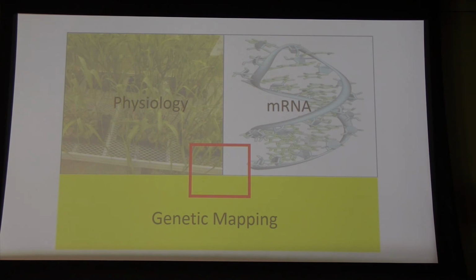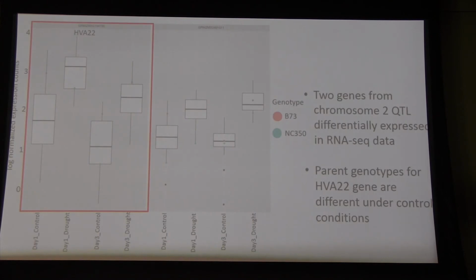And so now that I have these transcriptional data and the physiological data, as well as this genetic mapping data, I wanted to look at how this all comes together. So the intersection of all of these aspects of the plant's growth and physiology. And so what I did is look in my RNA sequencing data, which, if you remember, is a separate experiment.